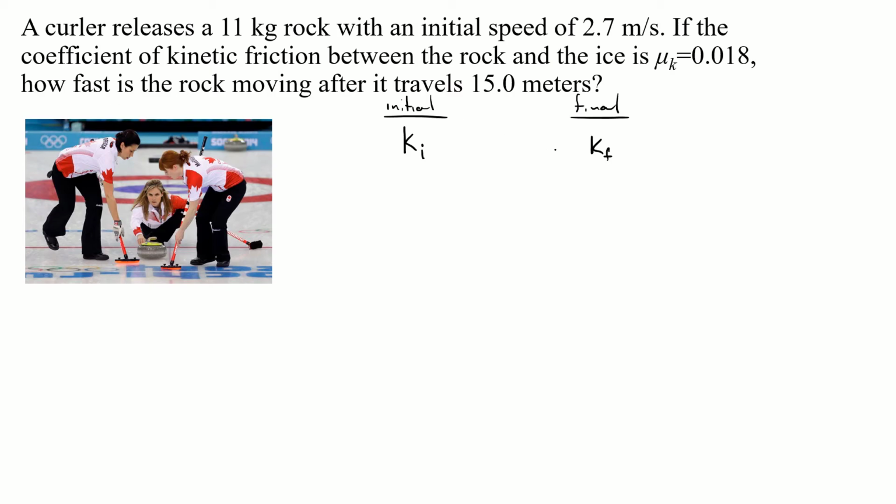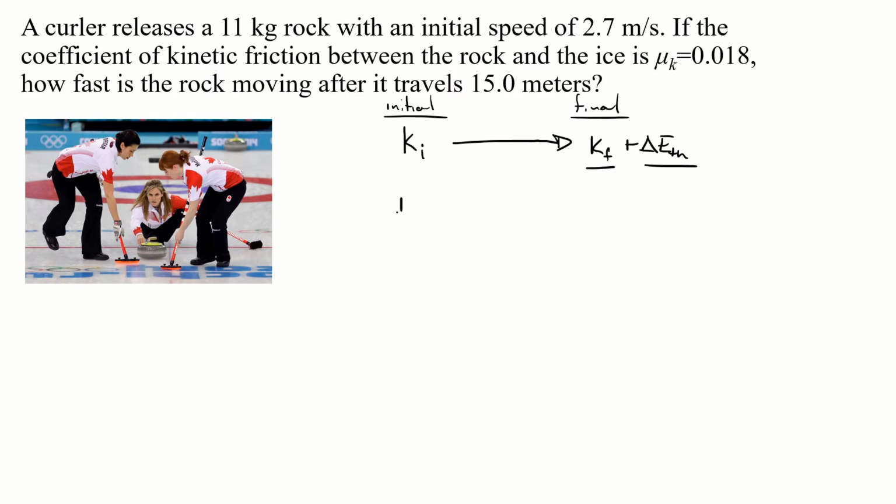How fast is the rock moving? And this is going to involve how fast it's moving. But because of this friction, there's also going to be some thermal energy there. So some of it's being converted into this change in thermal energy. The rest is remaining in kinetic energy and how fast it's moving.